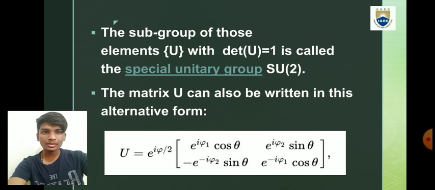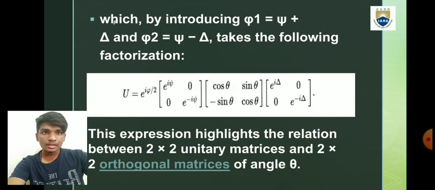The matrix U can also be written in this alternative form: U equals e power i phi by 2 times the matrix e power i phi 1 cos theta, e power i phi 2 sin theta, minus e power minus i phi 2 sin theta, e power minus i phi 1 cos theta.